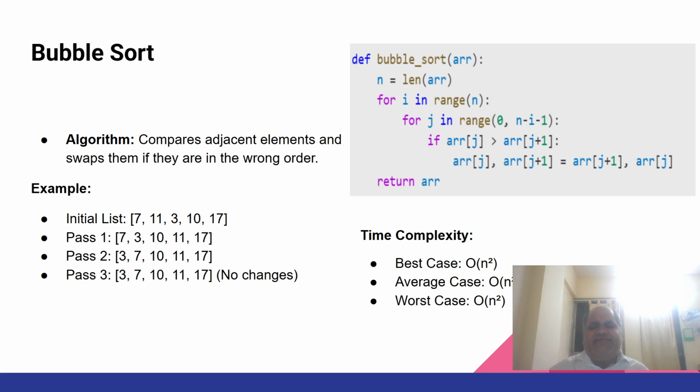Then n minus n is 0, minus 1 is minus 1, and 1 minus 1 is 0. So in that case j becomes the 0th element. That final comparison will happen, and if it is out of order, it will be swapped.